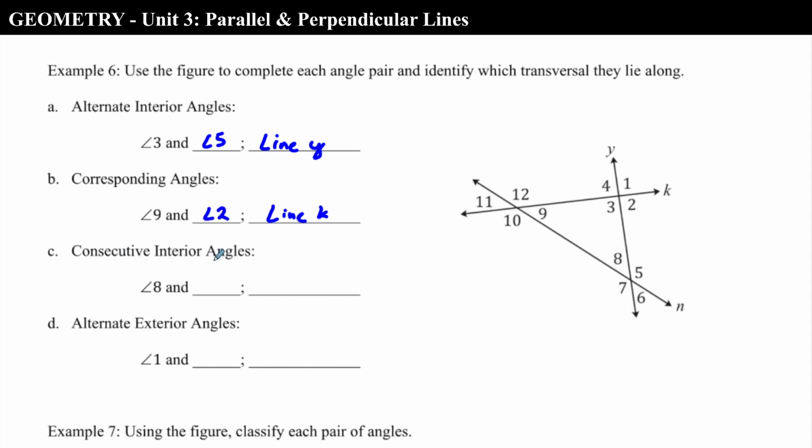Consecutive interior angles, if we were to use line N as our transversal, we would have 8 and 9. And for alternate exterior angles, let's use line K as our transversal here. And I'm just choosing one to use as our transversal. So angle 1, alternate exterior, that will take us to angle 10.